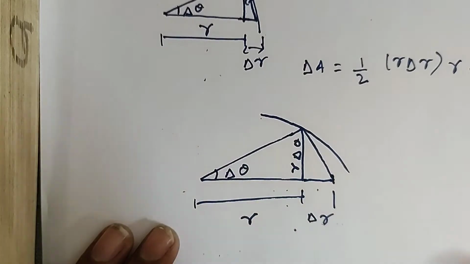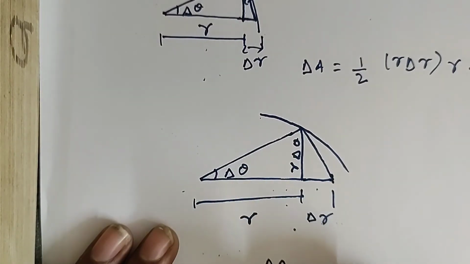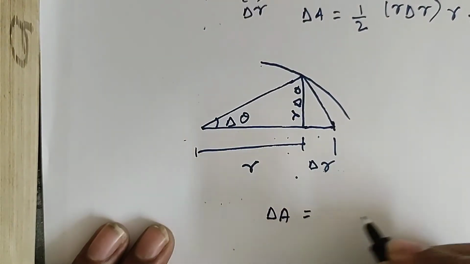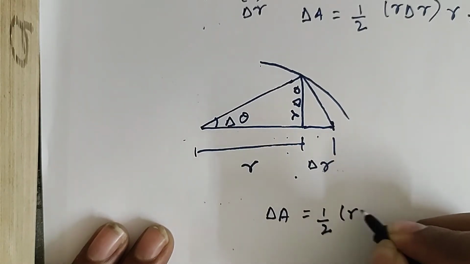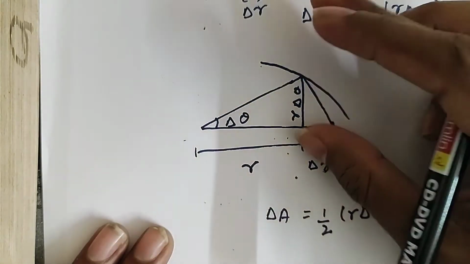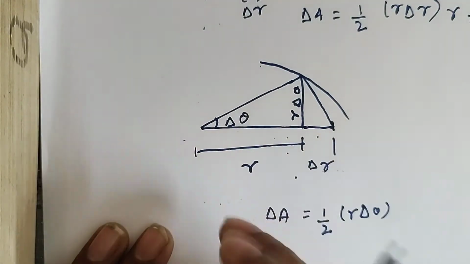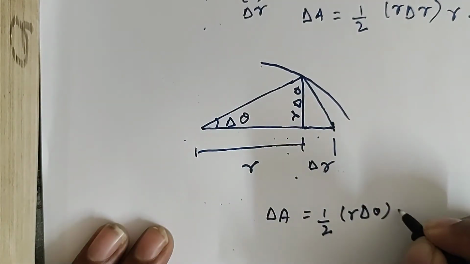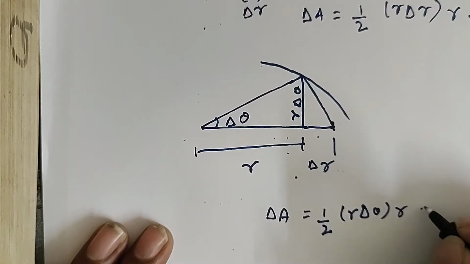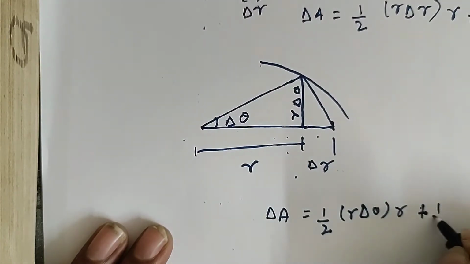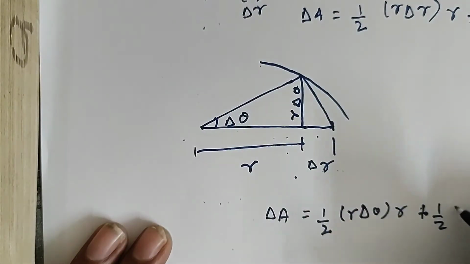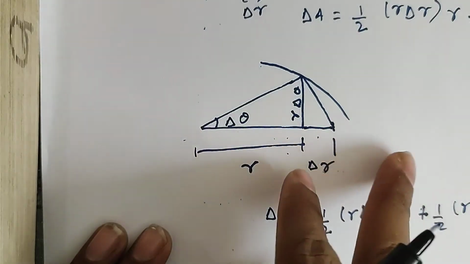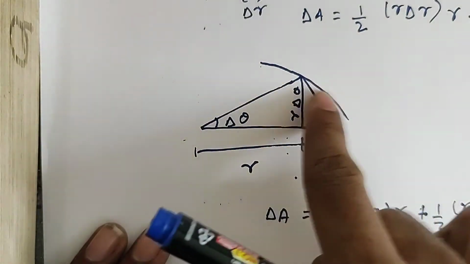In this case, I can define my delta A, not just A, as half r delta theta height times this particular length for this triangle, plus half r delta theta height times the length of this other triangle.